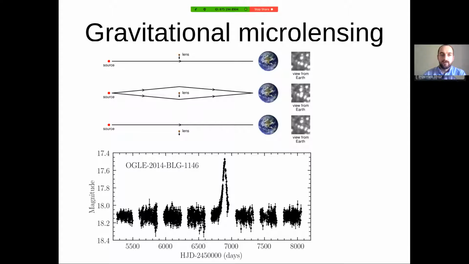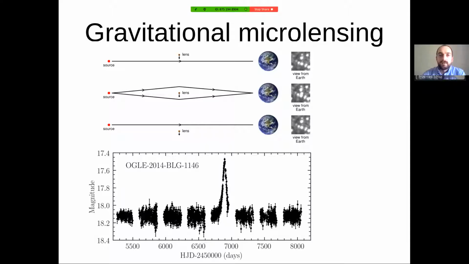And because the source, the lens, and the observer are moving relative to each other, we can detect a transient brightening of an otherwise constant source star. And we call these brightenings gravitational microlensing events.